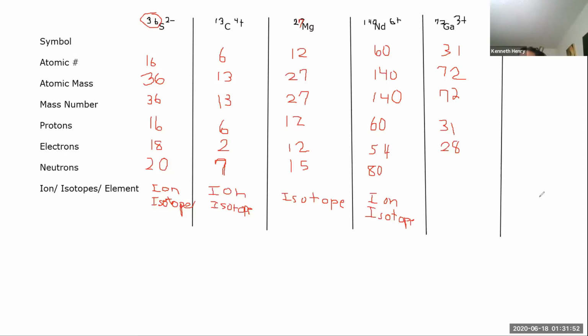How did you get 60? It's mass number minus protons. We're in this last row right here. So mass number, 72 minus 28. Nope, not the electrons. Protons. Oh, 72 minus 31, okay. Hold on, let me calculate that first. It's 41. All right, thank you.